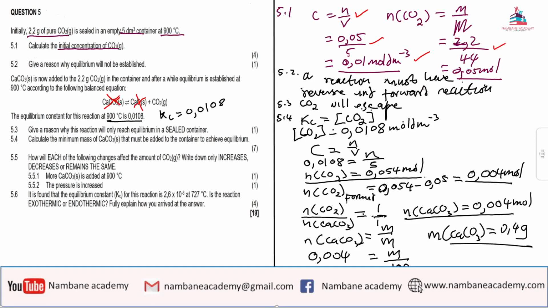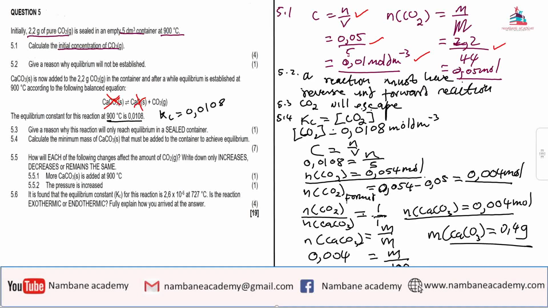Thank you very much. Then it basically says we can easily now go into question 5.5. Let's go into 5.5, and it is going to be easy because we are just going to try and understand how this is going to work. How will each of the following changes affect the amount of CO2?